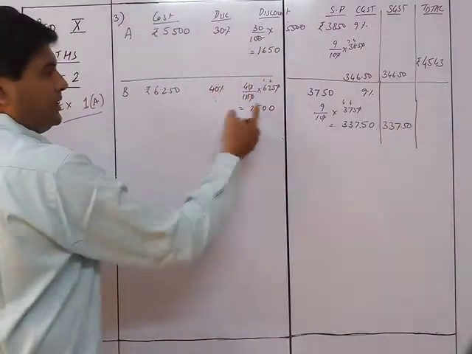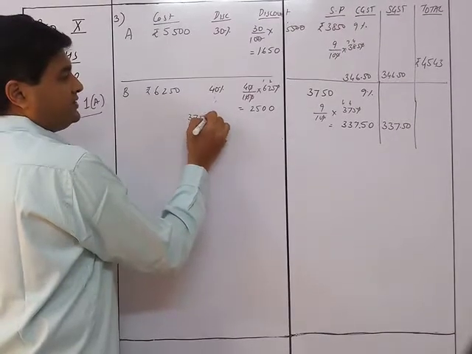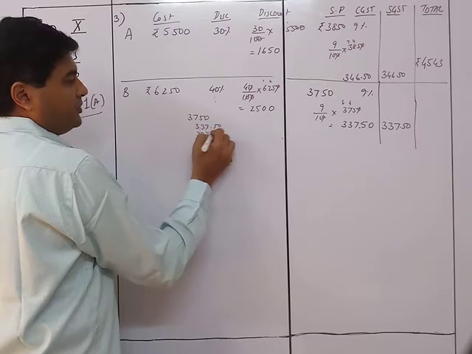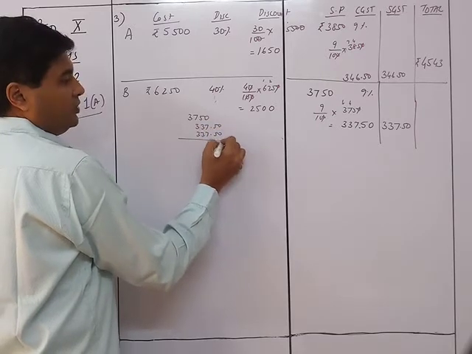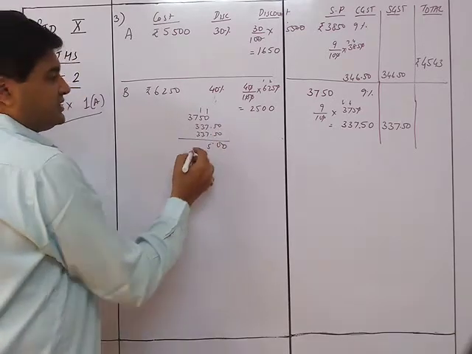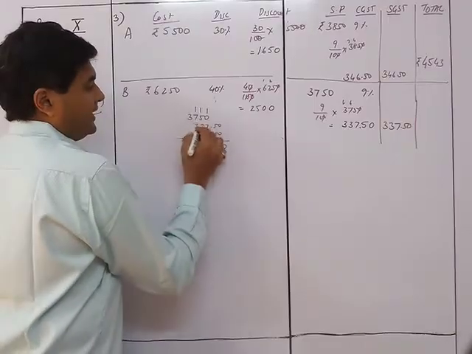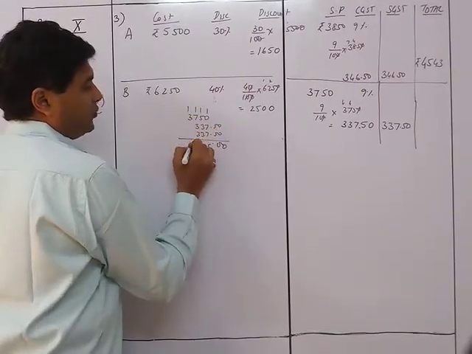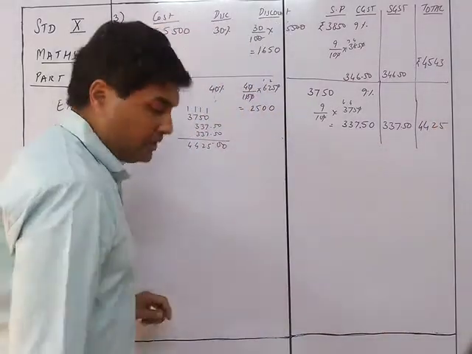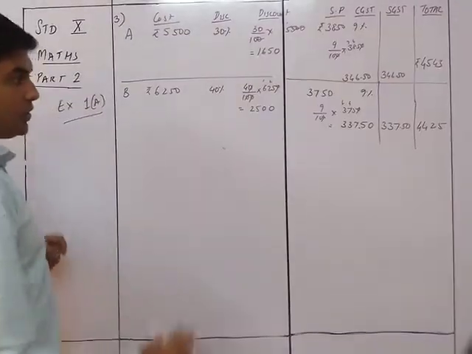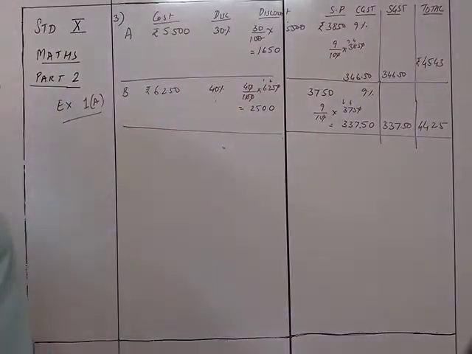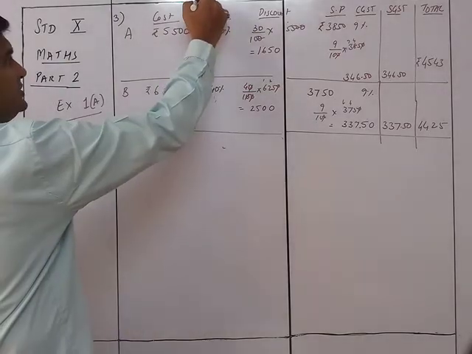Totaling up, this will be 3750 plus 337.50 plus 337.50, which is 4425. That is the second part. So B will pay a total amount of 4425. Got it? See the calculations.